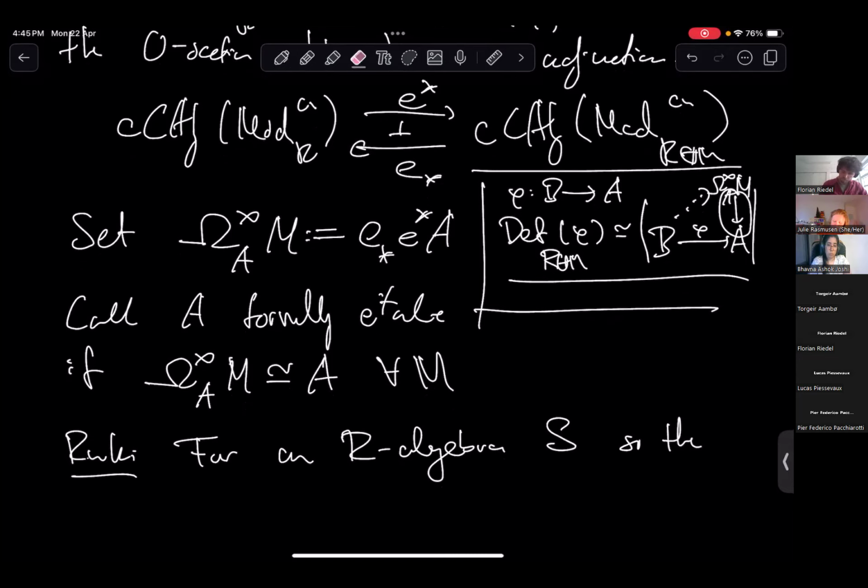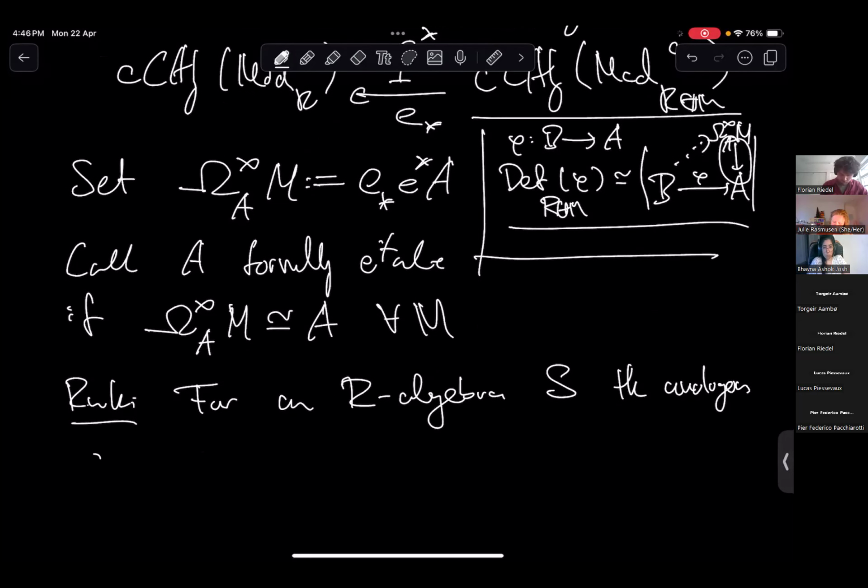So the analogous criterion would be that S is equivalent to S, and then you tensor it up and you just forget back down, but this looks like this.